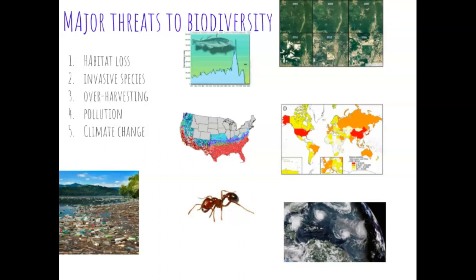And as the earth gets hotter and hotter, you're getting to a point where species simply can't survive and they're trying to move their ranges, which then puts them in conflict with other species that they wouldn't normally be around. And you also have issues where species are changing when they're active. Plants and things are flowering at different times because of the weather changes. Insects are becoming active at different times.